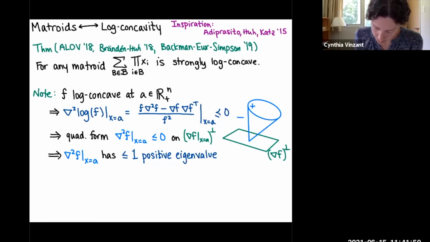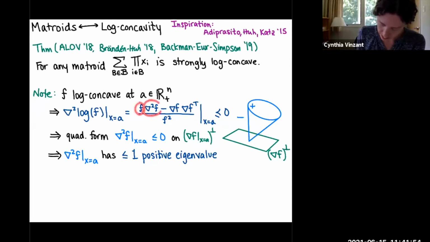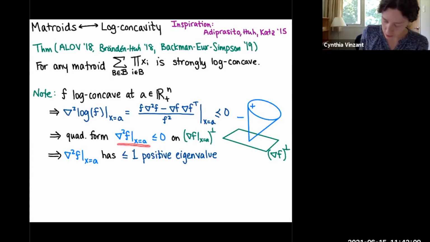And one consequence of this is, what is this? This is a constant times a matrix minus a rank 1 matrix, is how I want to read this, divided by a positive constant. And so what you can actually see from this is that the quadratic form, so this is a real symmetric matrix, defines a quadratic form, and it has to be negative.